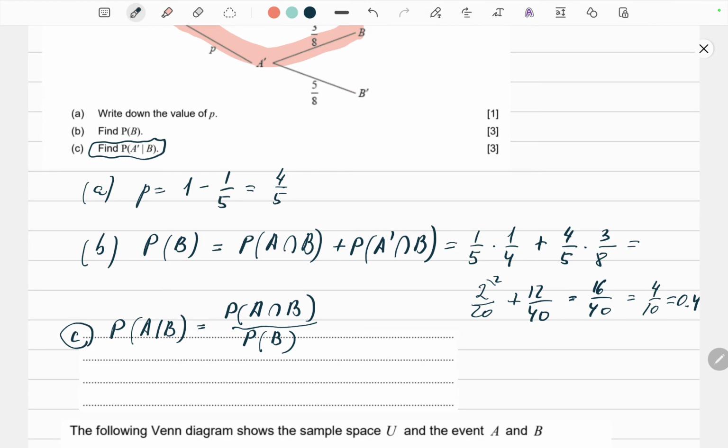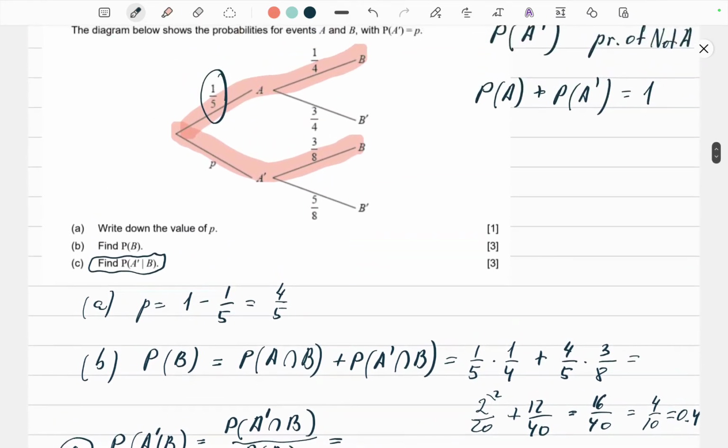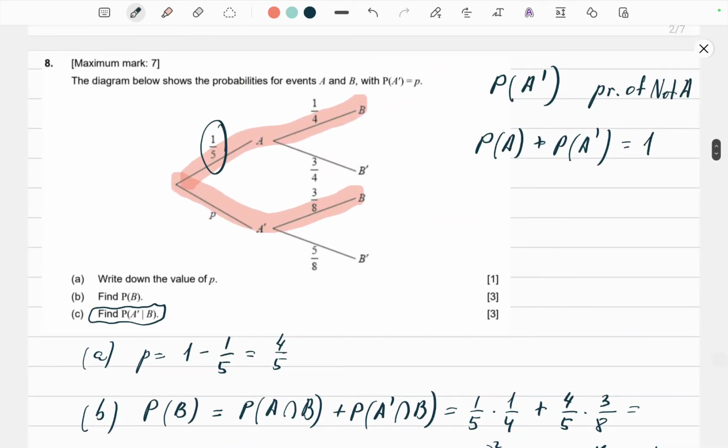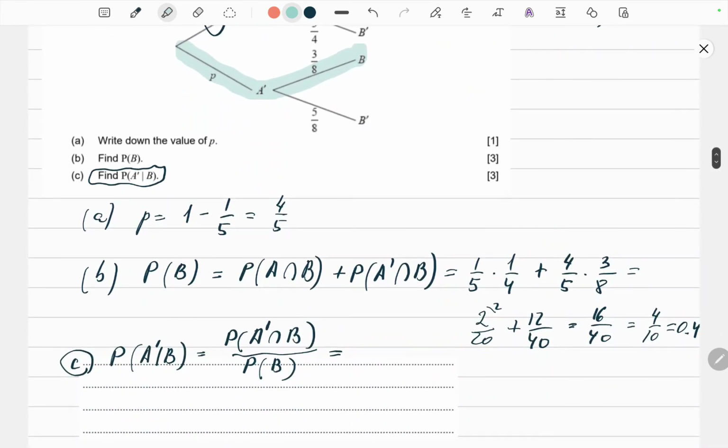Now let's find the probability of not A and B, which is 4/5 times 3/8.